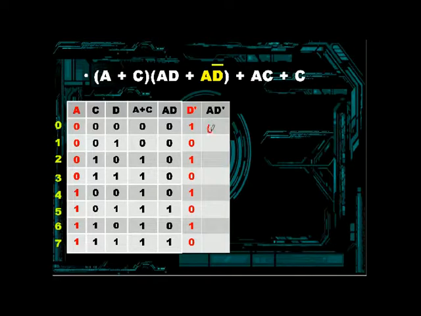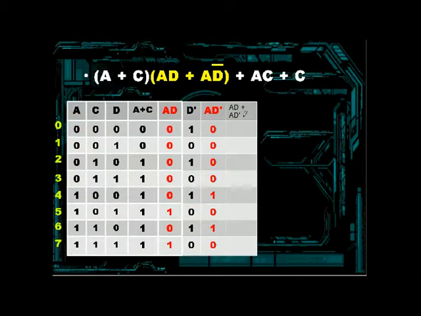There's going to be 0 for anyone that has a 0. Now I'll do both of those, which is this and this. So what can I get? AD or AD prime? 0, 0, 0, 0. This is an OR. 1, 1, 1, 1.